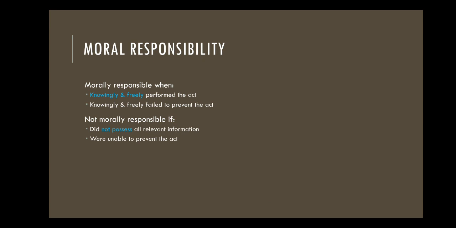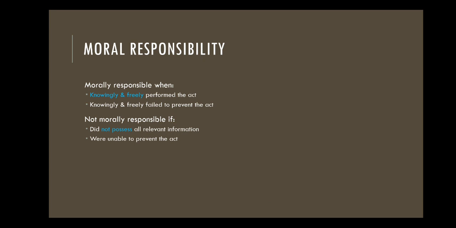Let's say we have a son who does something bad. If he does not know what he was doing, or he was forced by somebody, then he cannot be held responsible. We cannot punish him.